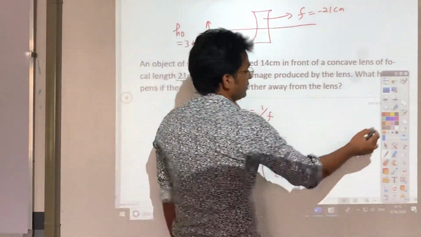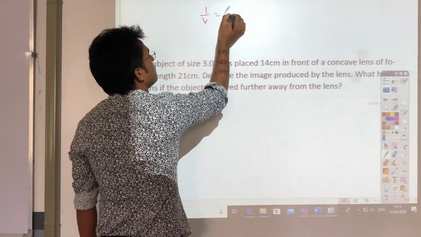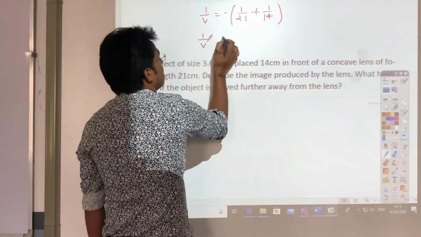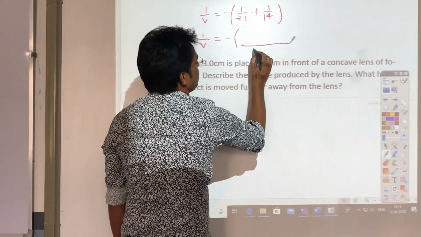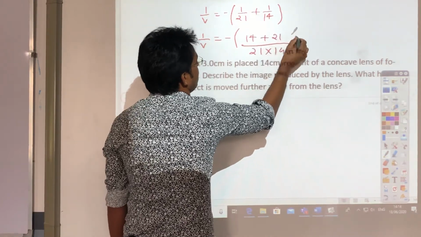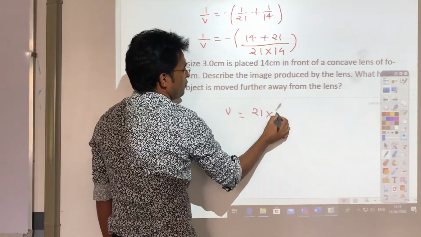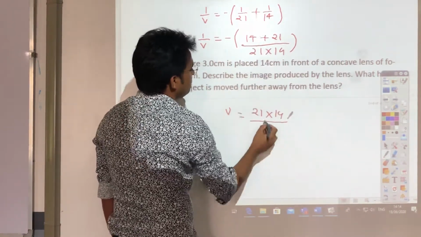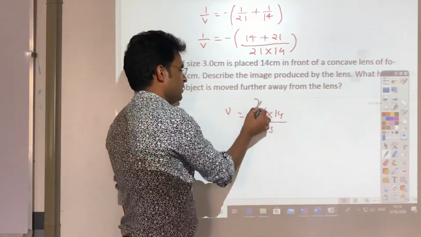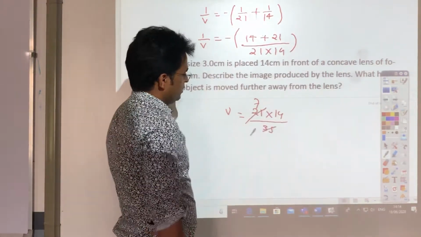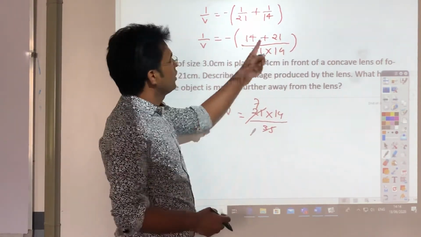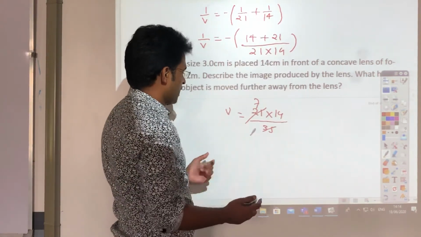Taking the LCM, 21 into 14, the terms become minus 14 plus 21, which gives 7 over 21 into 14. So V is 21 into 14 divided by 7.